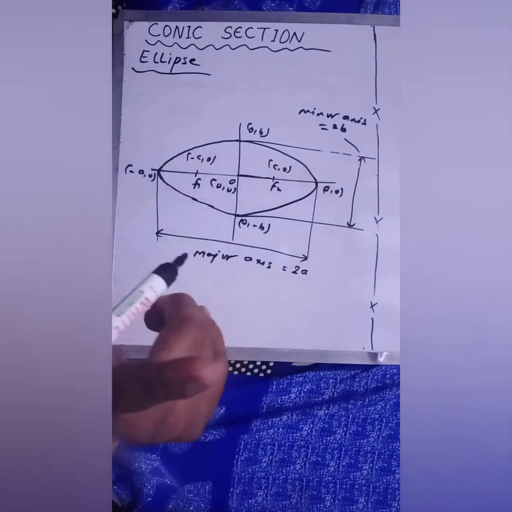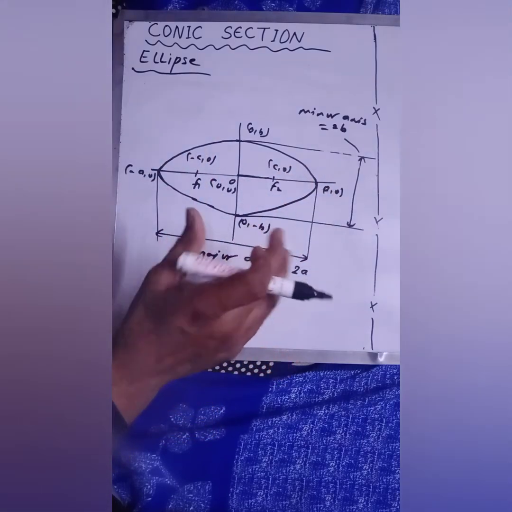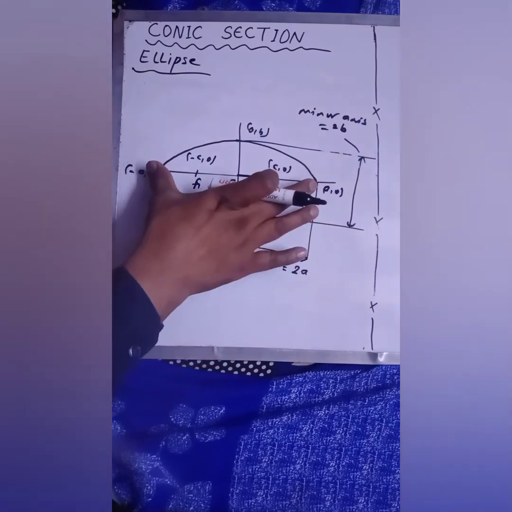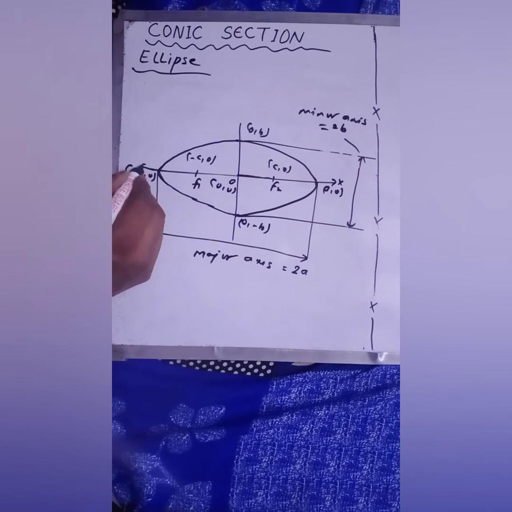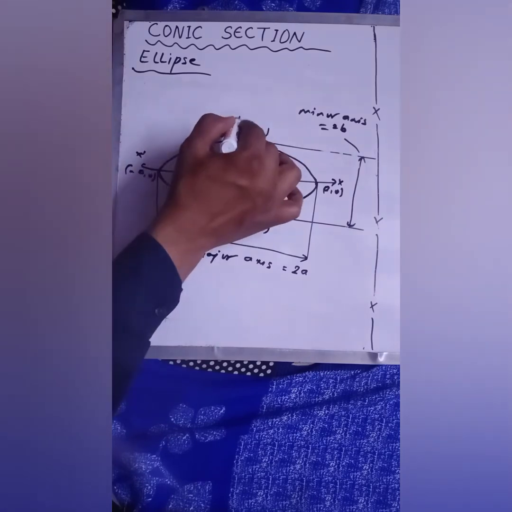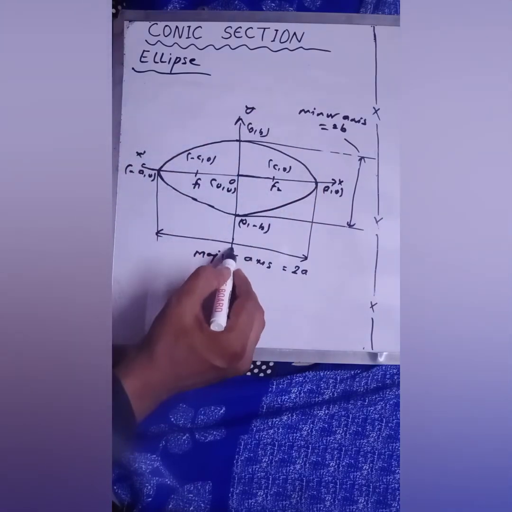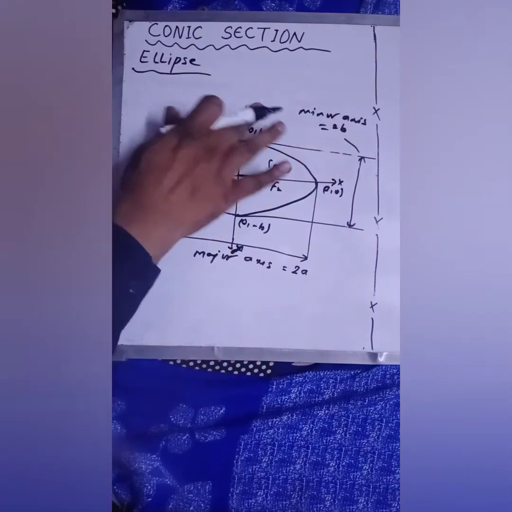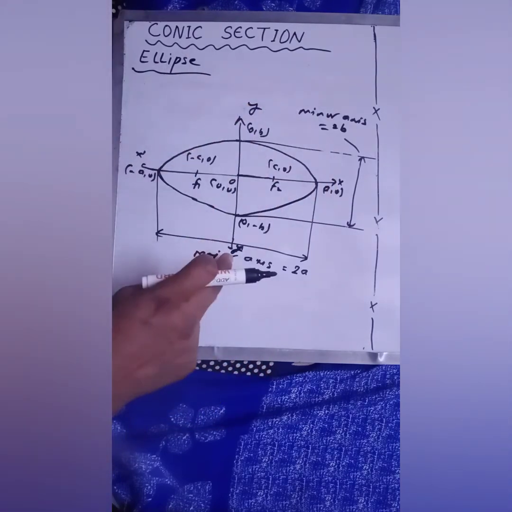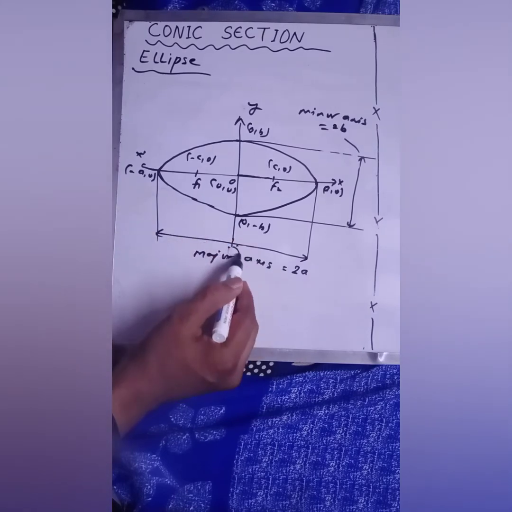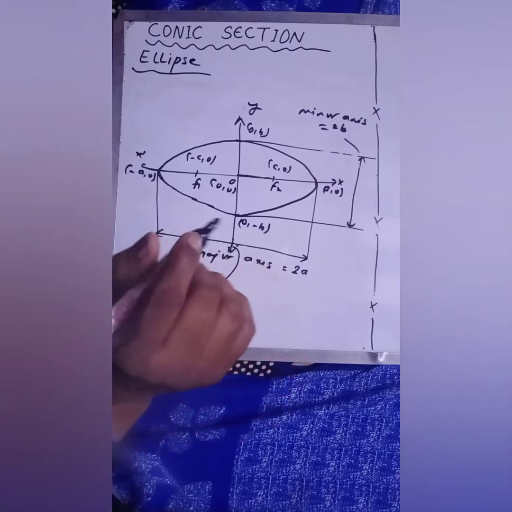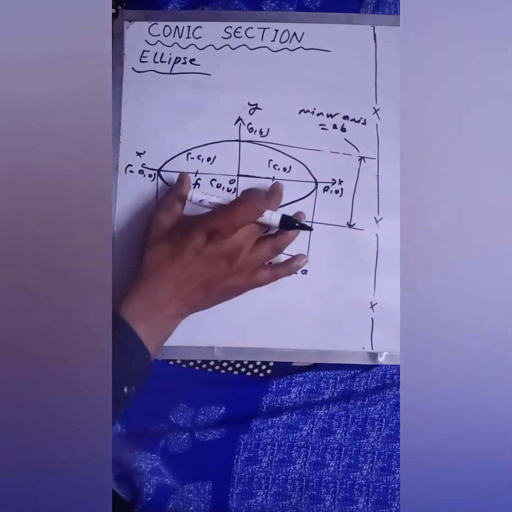We are just considering the first type first. So this is your x-axis, x dash, and this is your y-axis, y and y dash. And these are the foci.